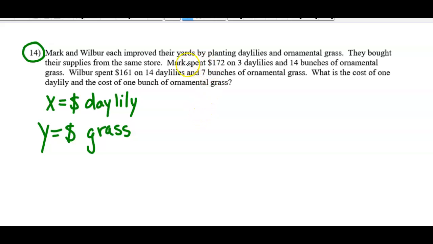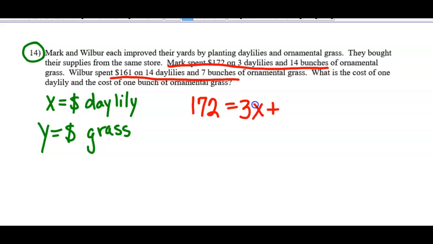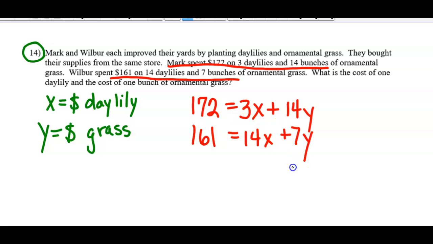For this particular kind, you just take each person's order and you change it into an equation. $172 was spent on 3 daylilies, which is X, plus 14 bunches of grass, which is Y. Now we could rearrange the order on that, but it doesn't matter for this problem. And then Wilbur was 161 total, but he bought 14 daylilies. Okay, that was X, and 7 bunches of grass, which is Y.